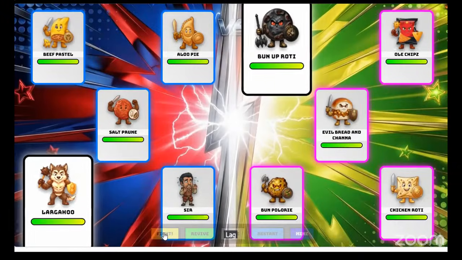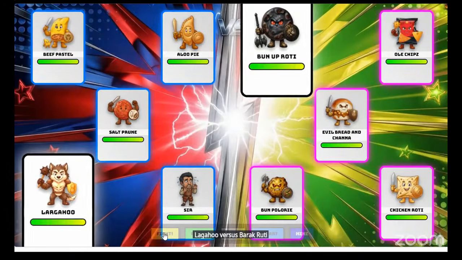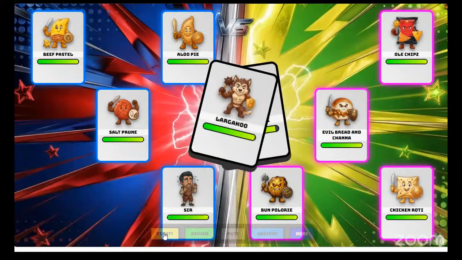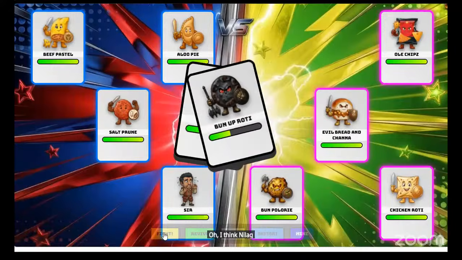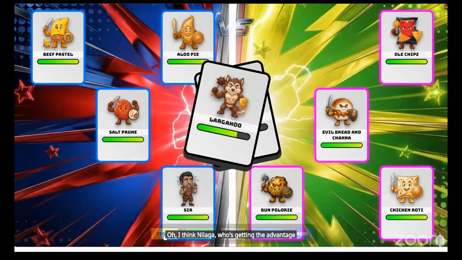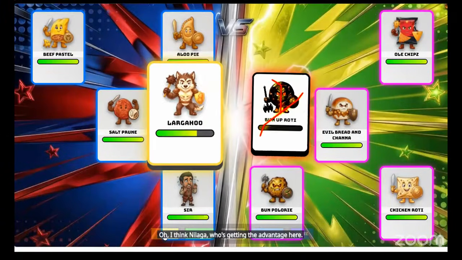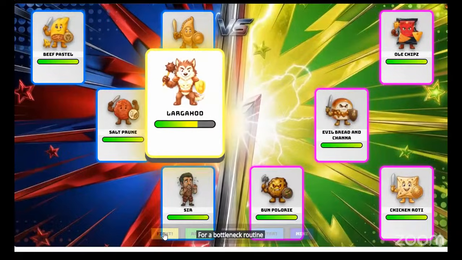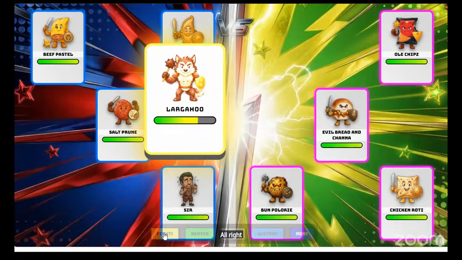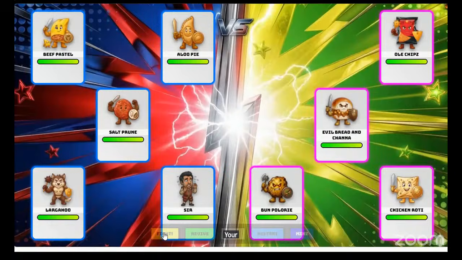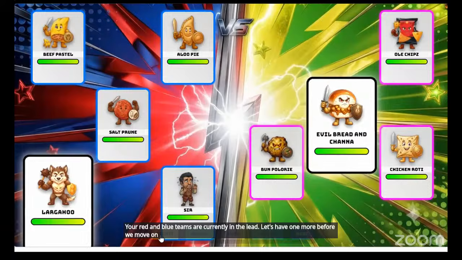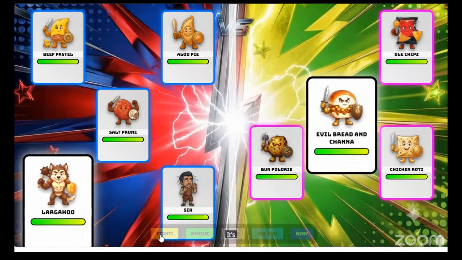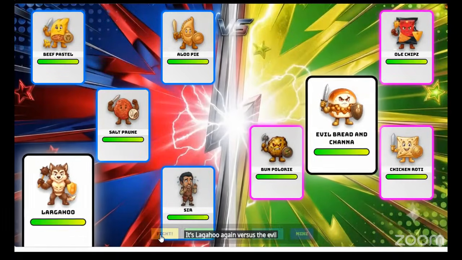Lagahu versus bun up roti. Oh, I think the Lagahu is getting the advantage here. For bun up roti. All right, so the red and blue teams are currently in the lead. Let's have one more before we move on. It's Lagahu again versus the evil bread and chana from the other team.